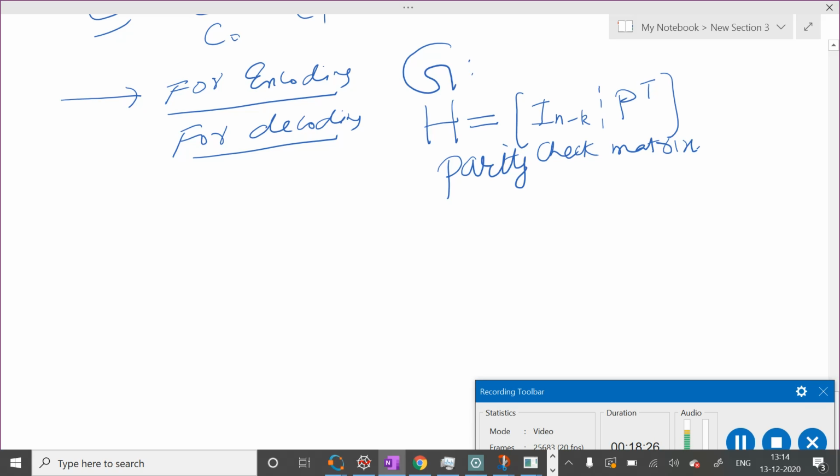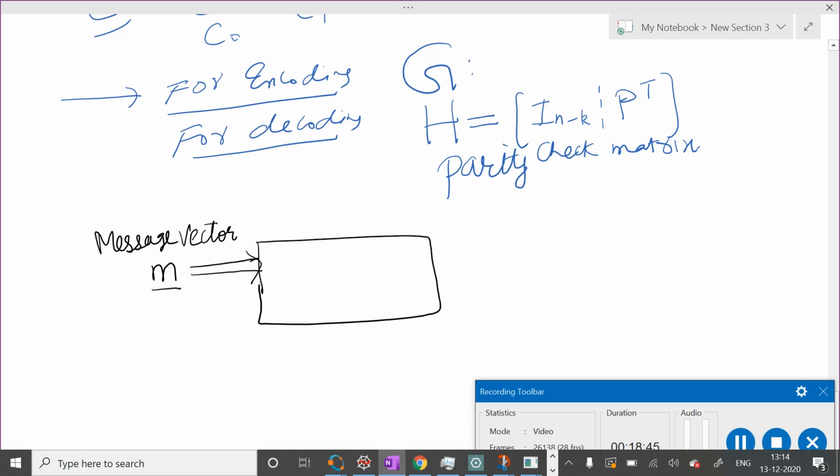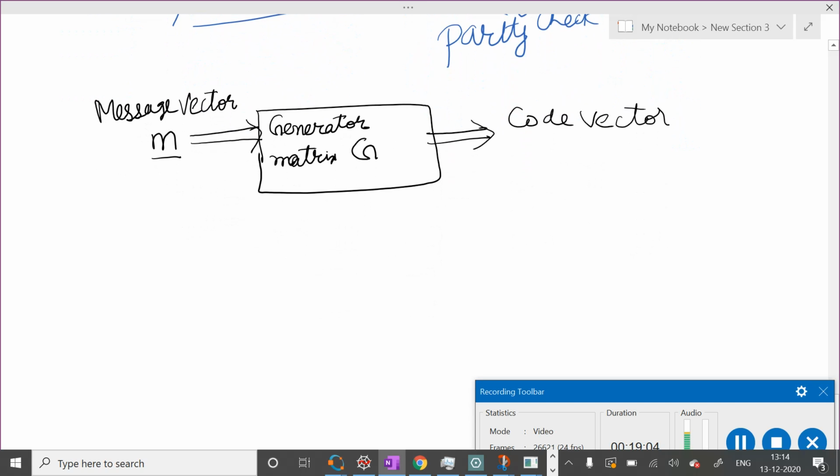For decoding, I will draw a block diagram that will be more clear. Here is M, the message vector. Here is the generator matrix. And you get a code vector, right? And what is the property of this?